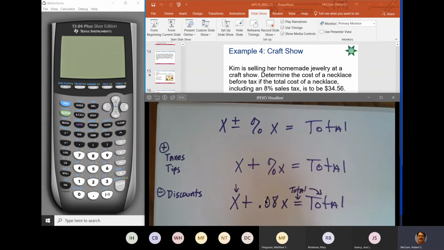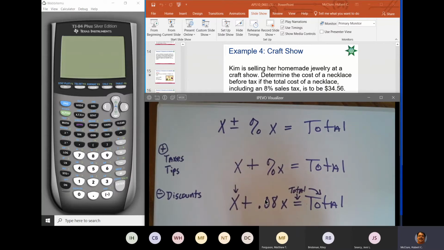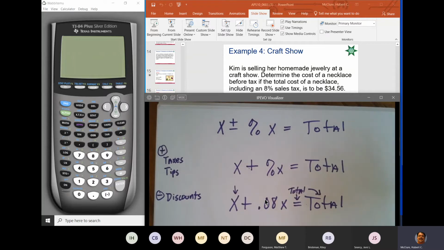So the total is 34.56. So X plus 0.08X is equal to 34.56. Now I'm going to add a dashed number 1 right here, because there's a 1 in front of that X.